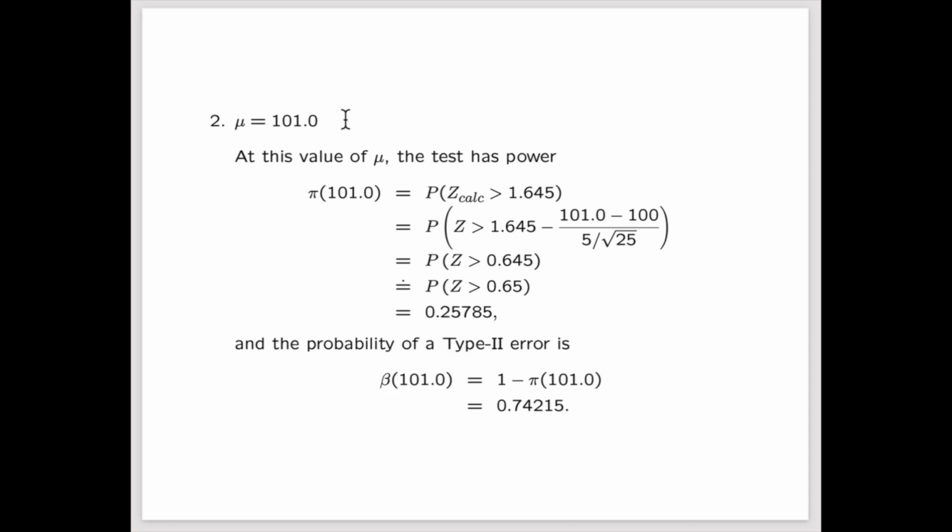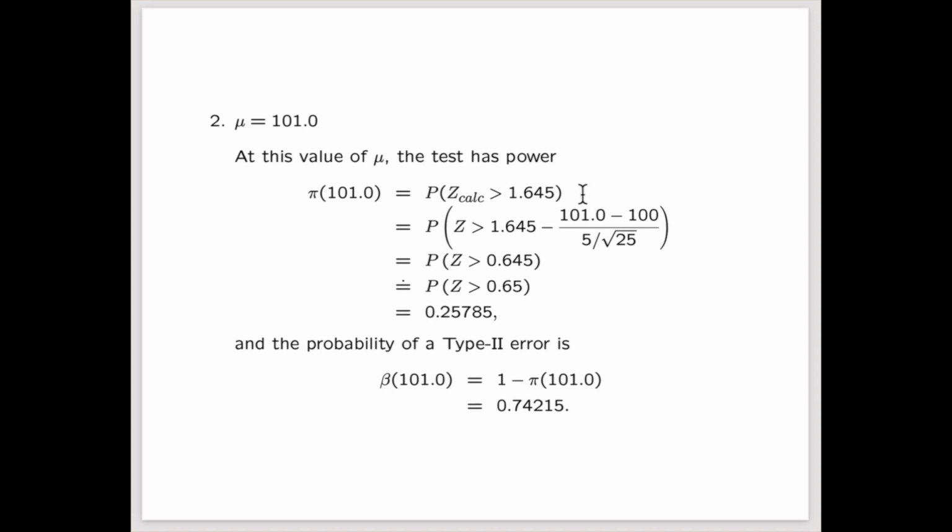When mu is equal to 101, then how much power are we going to have to detect that the null hypothesis is false and the alternative hypothesis is true? Well, again, we need to evaluate the power function at mu equal to 101.